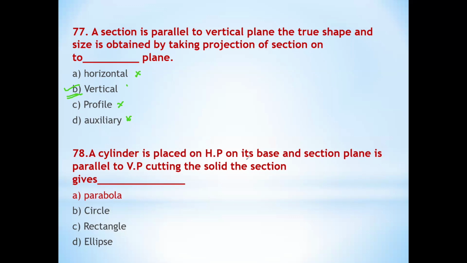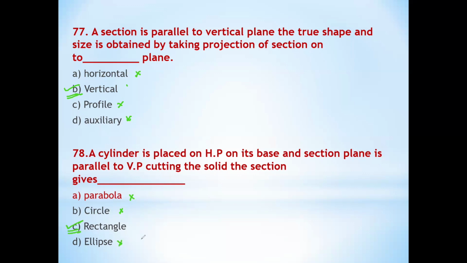A cylinder is placed on HP on its base and section plane is parallel to VP, cutting the solid, then the section gives. Not parabola. Not circle. When will we get a circle? If the cutting plane is parallel to the horizontal plane. But here it is parallel to VP. If it is parallel to VP, that means we will get the rectangle.